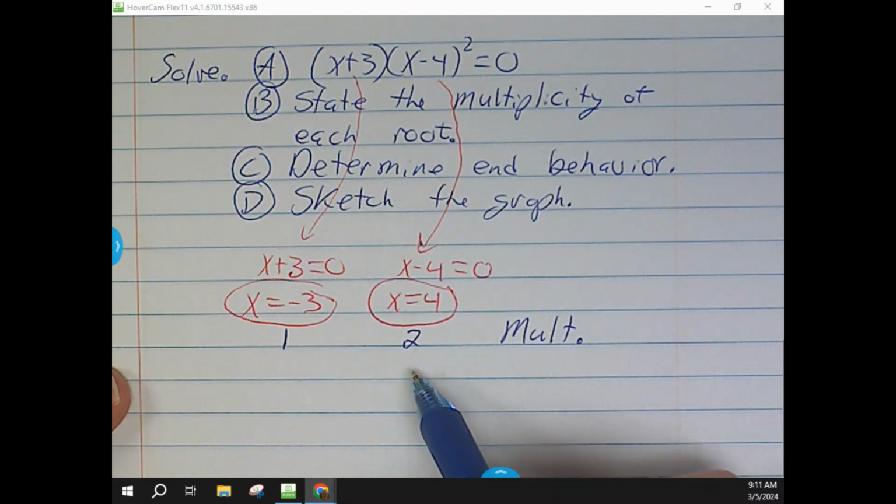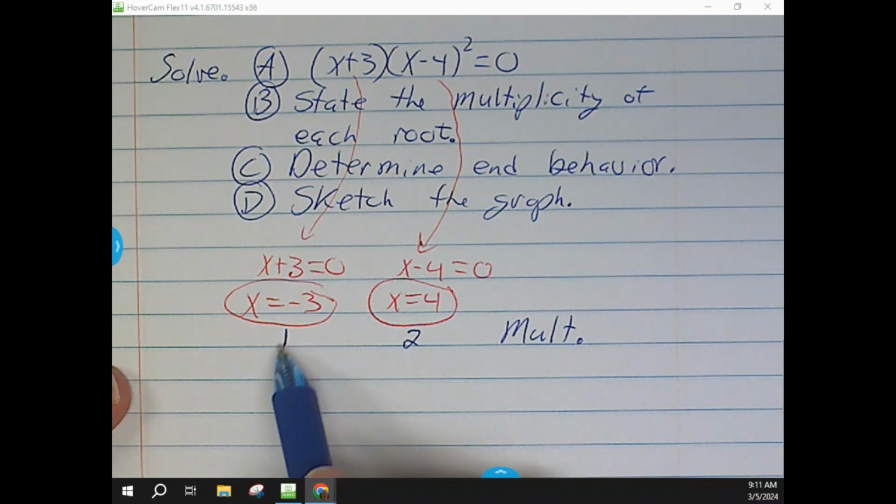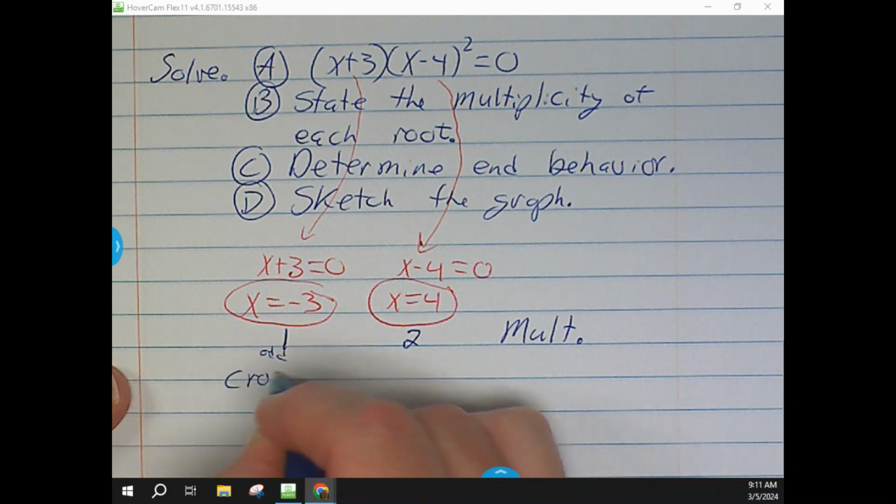And again, what those things do tells you what the graph is going to do at that point. Because 1 is an odd number, that means at this point we're going to cross through.